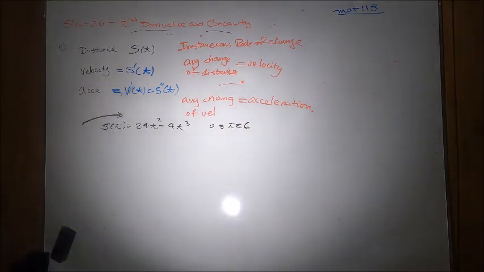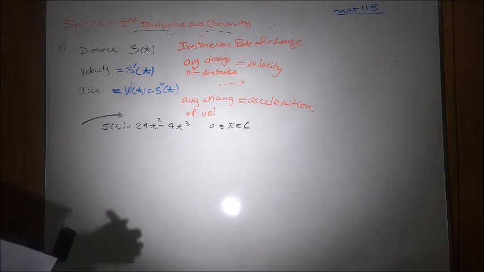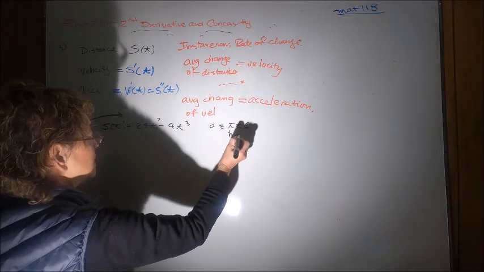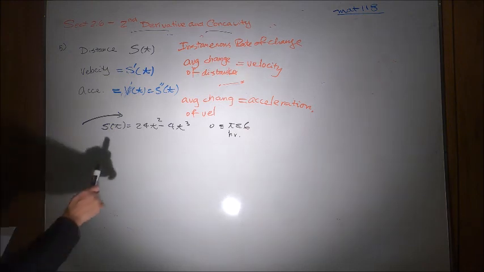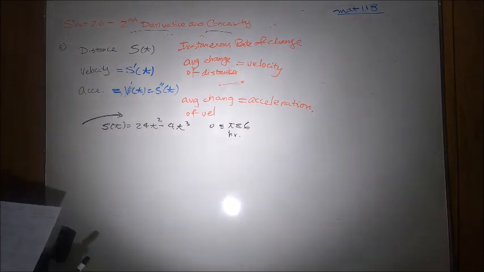What is t? It's by the hours. That means the truck drives up to 6 hours eastbound, in miles. Right?